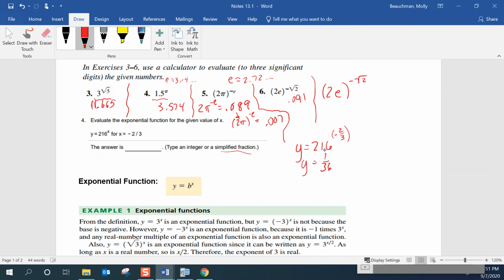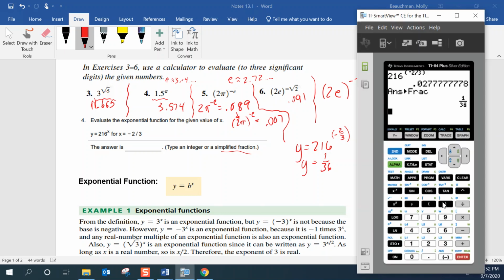Or you can think about what we're doing to 216 to the power of negative 2/3. So since that's to the power of negative 2/3, that really means 1/216 to the power of positive 2/3. That's one of our exponent properties. So if you take a look at 216 to the 2/3 to the power of parentheses, because it's a fraction, 2 divided by 3, that gives us 36.